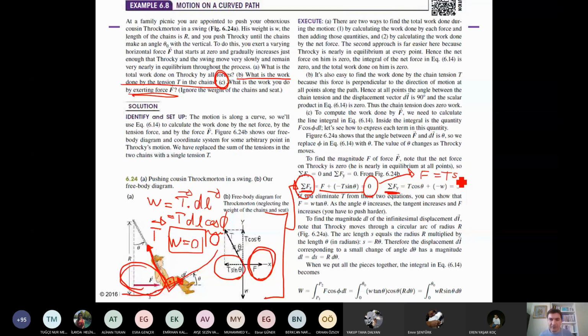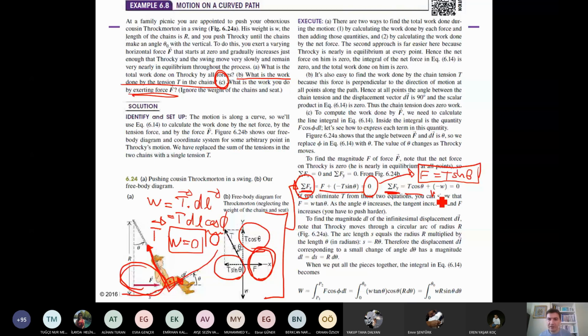What about the net force along the y-axis? We have this one positive, and we have weight in the negative direction. They are also equal to each other because the system is nearly in equilibrium at all points. Then I can write: weight is equal to T times cosine theta.